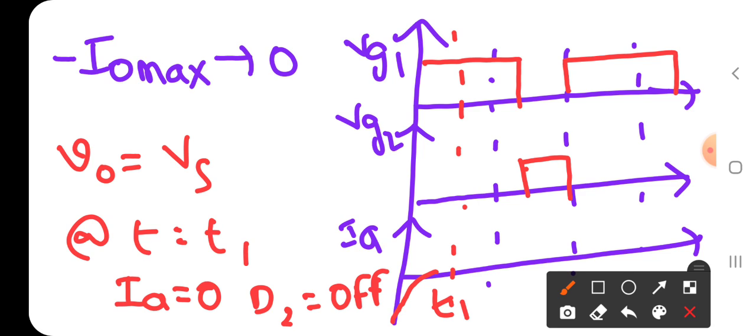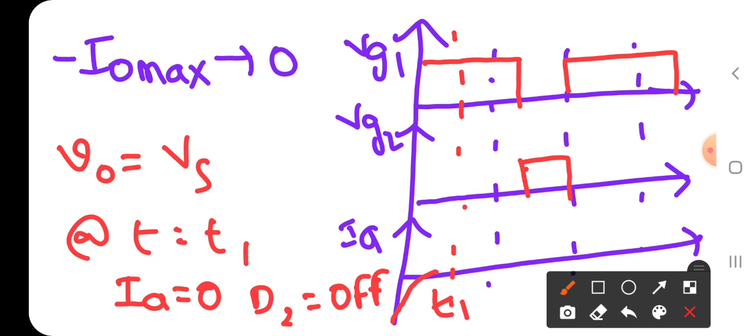Hence, the terminals of the inductor reverse, such that it stores the energy in the forward direction.